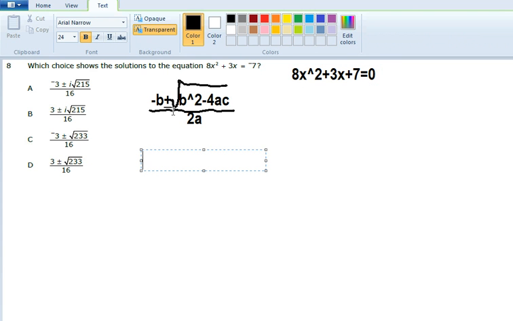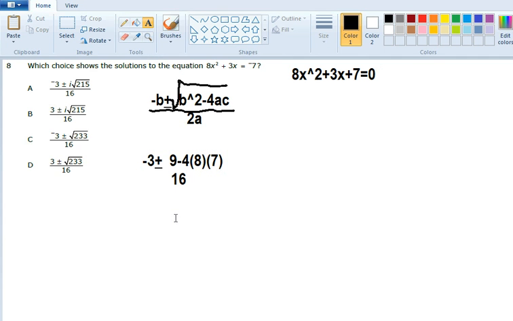Okay, so now I'm substituting in. I get negative b, that's negative 3, plus or minus the square root of b squared, and b is 3 again, so b squared is 9, minus 4ac, 4 times 8 times c, which is 7, all over 2a, and a is 8, so 2 times 8 is 16.